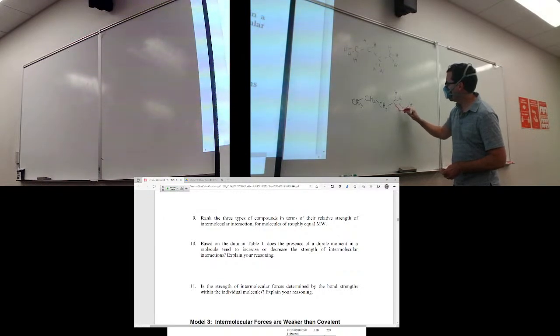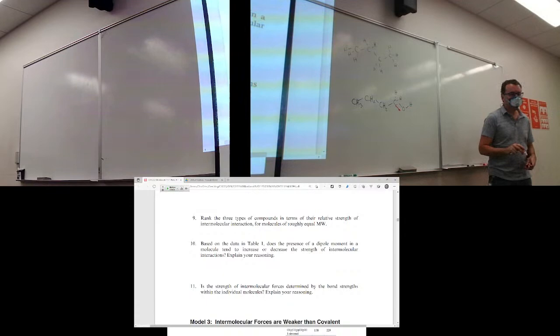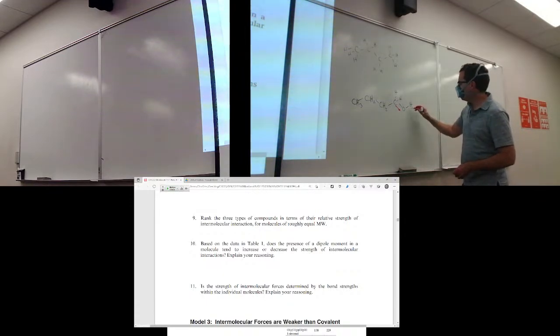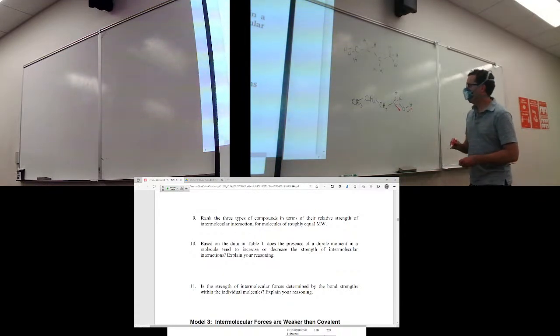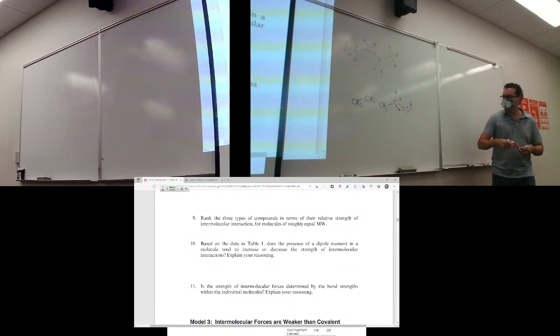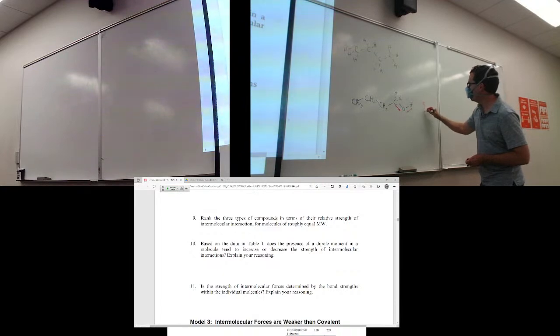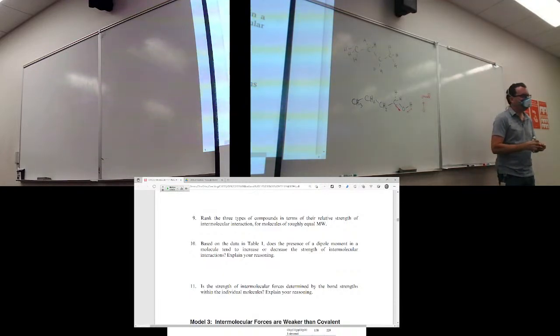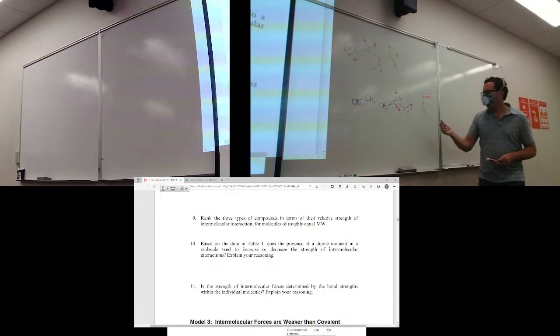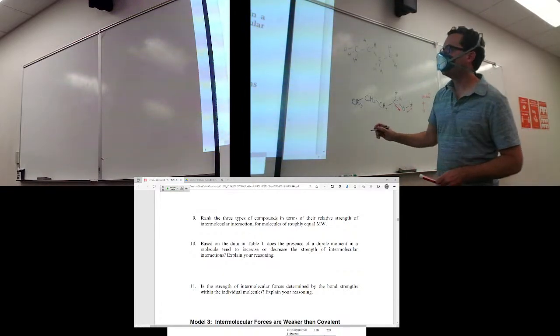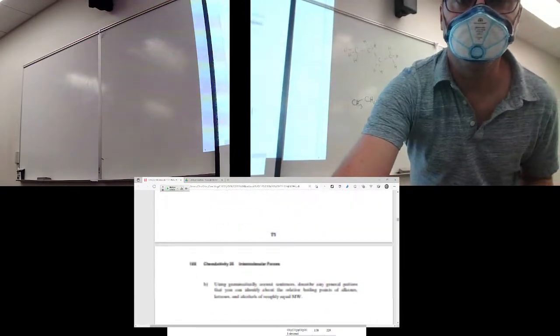We draw an arrow towards the more electronegative atom. The same thing happens here, and we add up all the dipole moments. Notice that these are all pointing downwards, so the overall dipole moment is that way. This molecule has a dipole moment in it. A ketone, let me get an actual one that's from the chart.